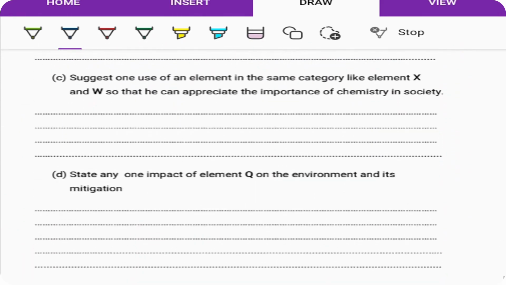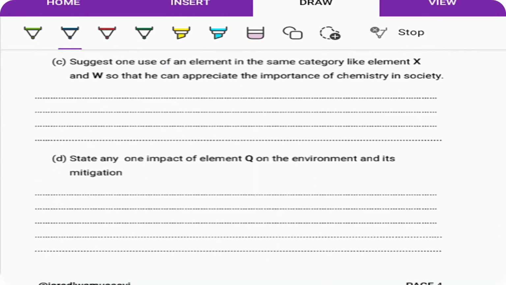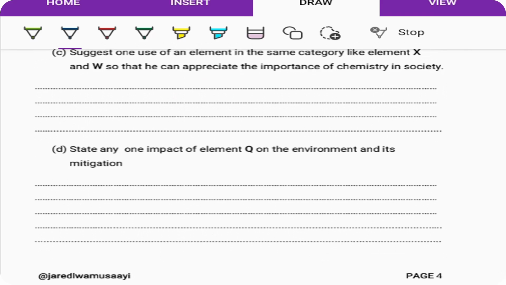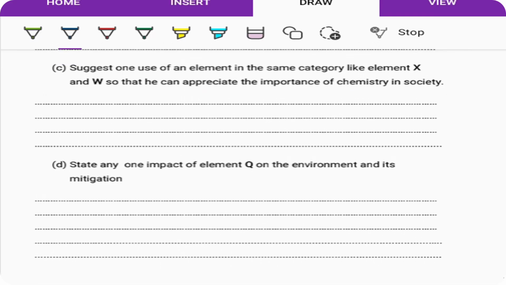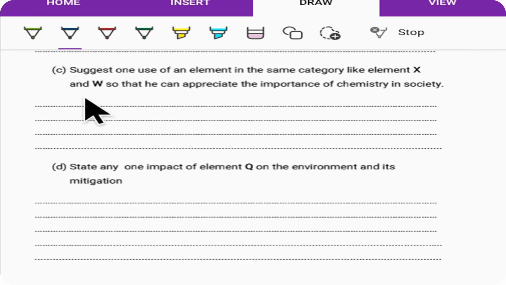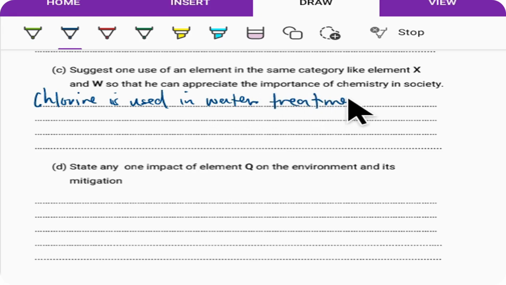So just give one use of an element that belongs to that group. You can say that chlorine is used in water treatment as a disinfectant.